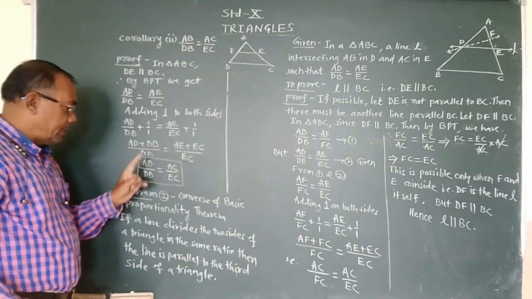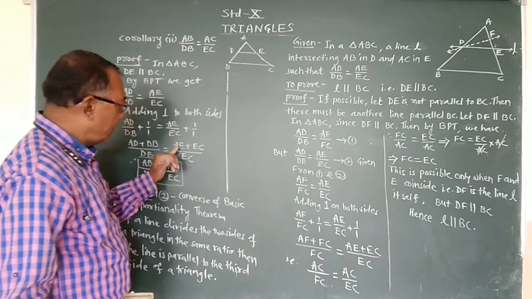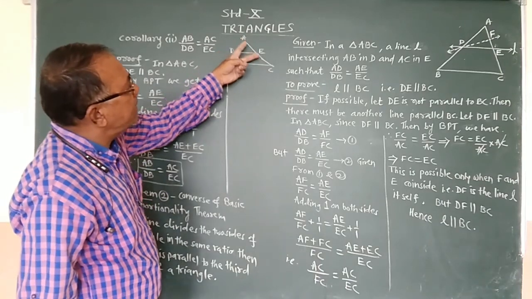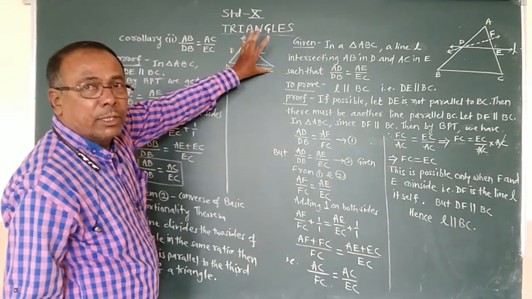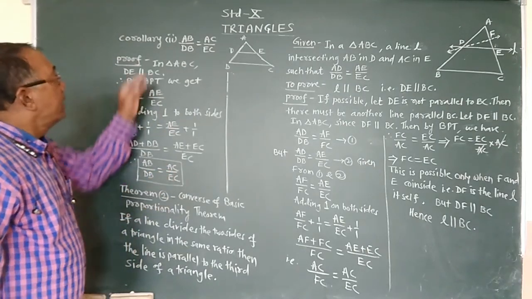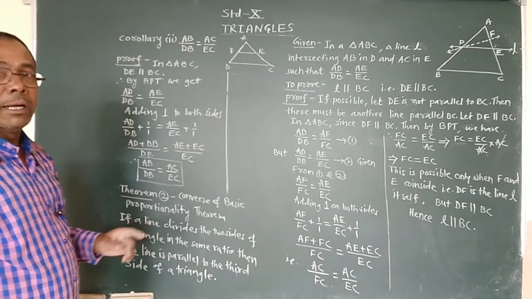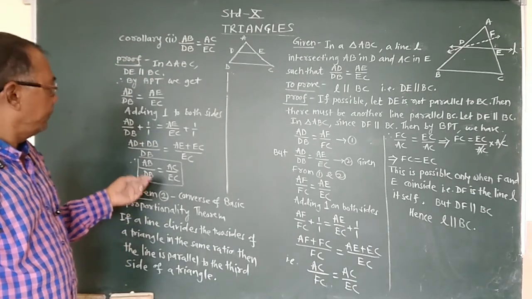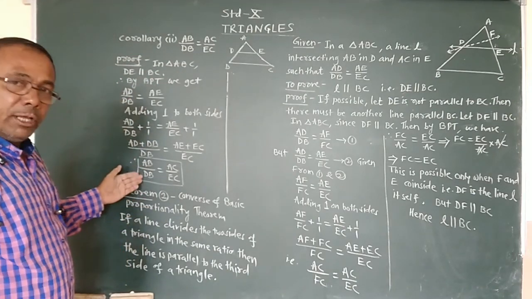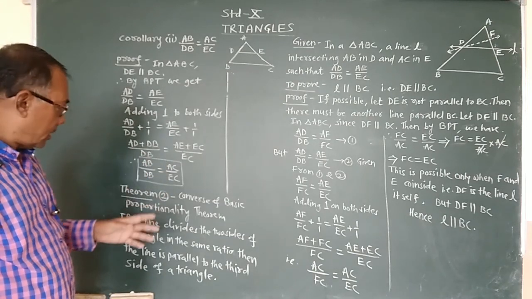So AD plus DB is AB divided by DB, and that is equal to AE plus EC, that is equal to AC, so AC upon EC. In this way, we have proved that if a line is drawn parallel to one side of a triangle, then AB upon DB is equal to AC upon EC.